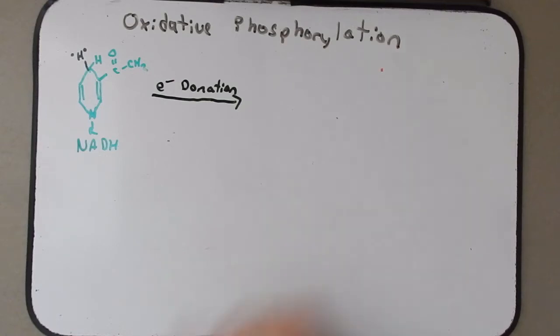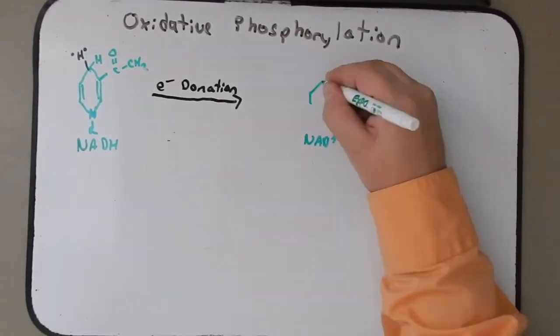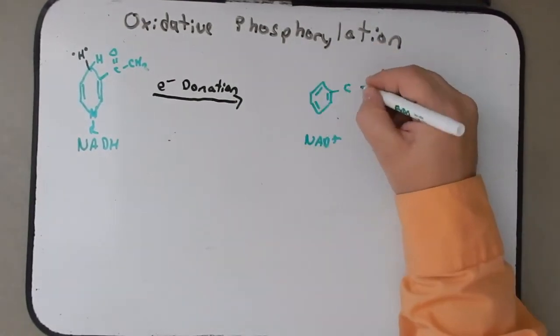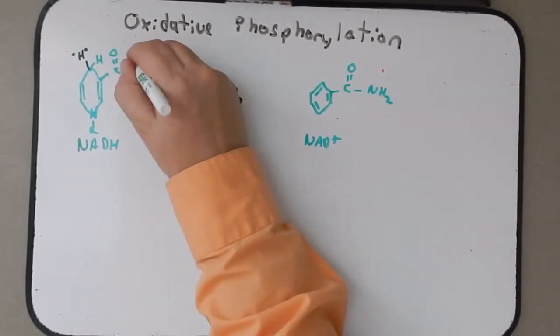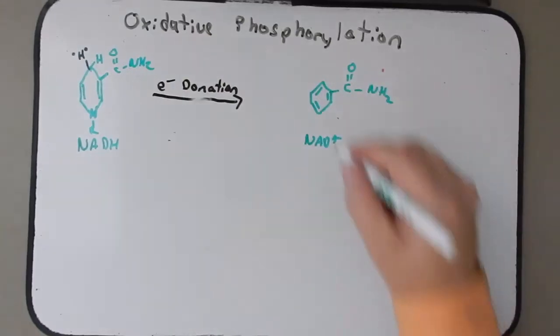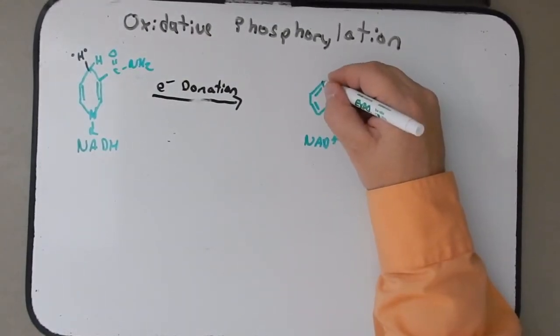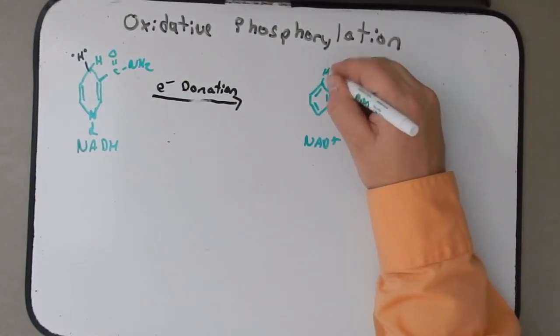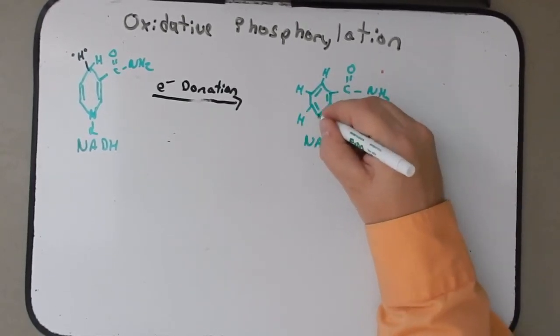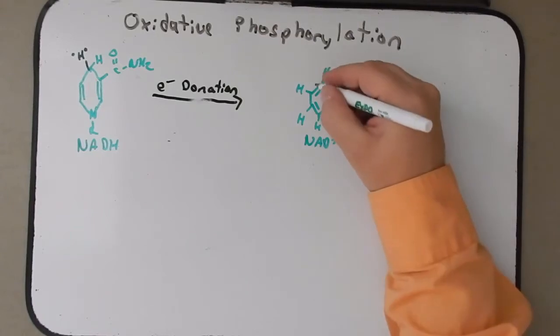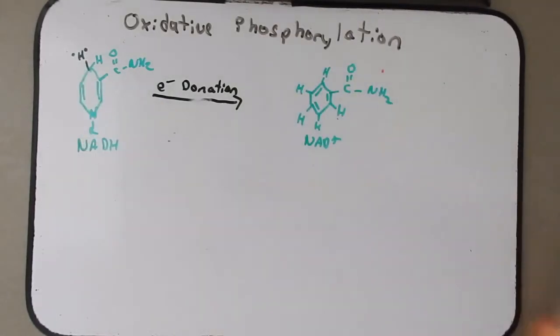And I'm going to draw it here just so we can see the distinction. I just realized I made a small error over here. It's not CH2, it's NH2. But what you can see here is, remember, in each of these there's a hydrogen. I just didn't draw them, but let me go ahead and draw them just in case you're keeping score at home. And this one here used to have that extra hydrogen in it.